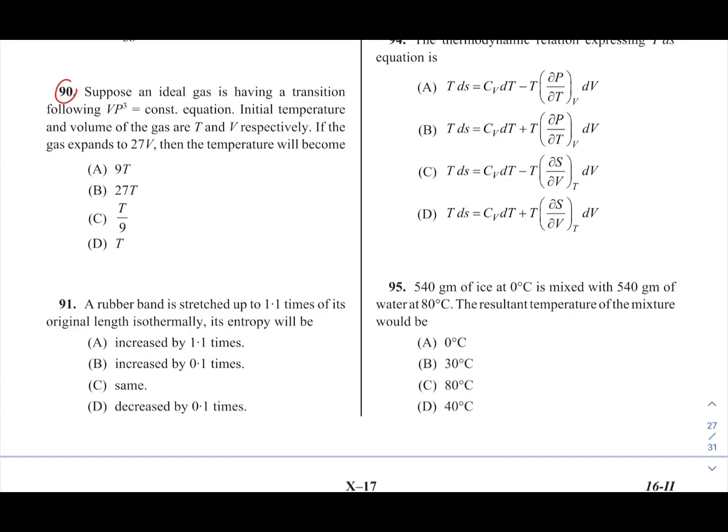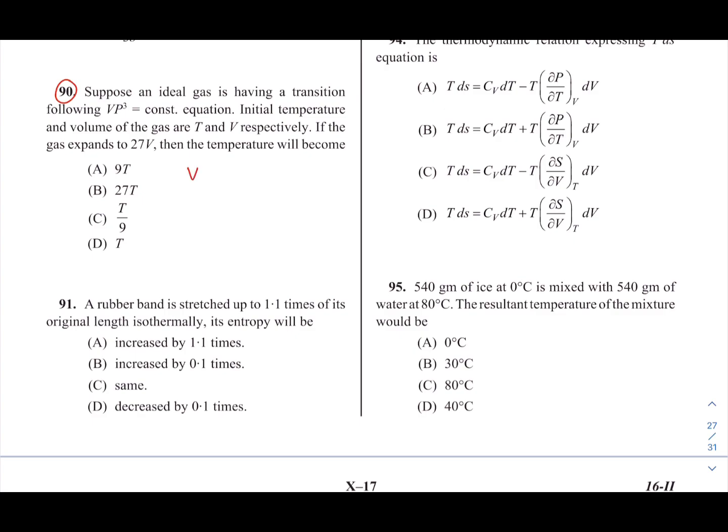Problem number 90. Suppose an ideal gas is having a transition following the V P cubed equal to constant equation. Initial temperature and volume of the gas are T and V respectively. If the gas expands to 27 V, then the temperature will be.